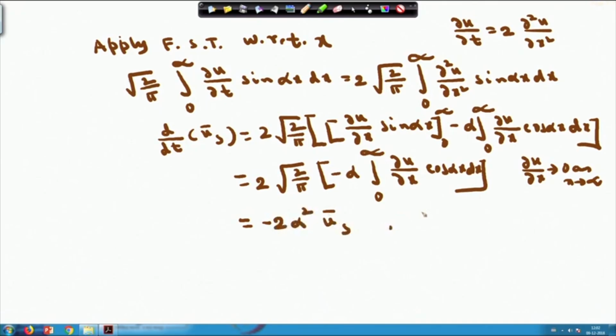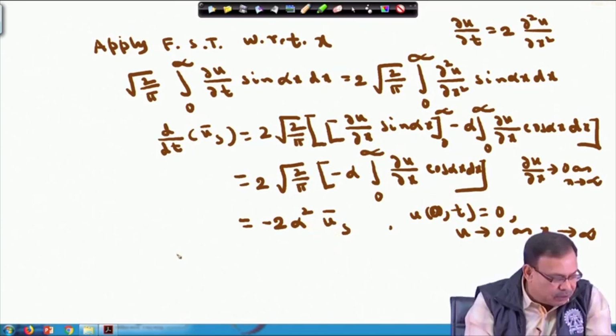Please note that u 0 t has been provided as 0 and u approaches 0 as x approaches infinity. I am using this condition in evaluating this integral. Using this, I can obtain the value of this integral as minus twice alpha square u bar s. Same thing I explained in the earlier example. So, directly I have written the result.